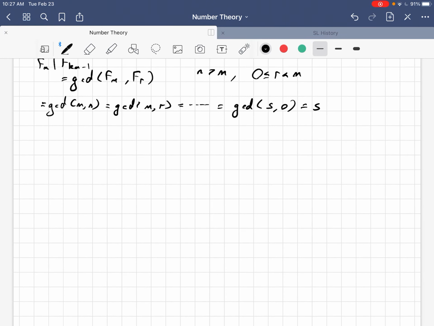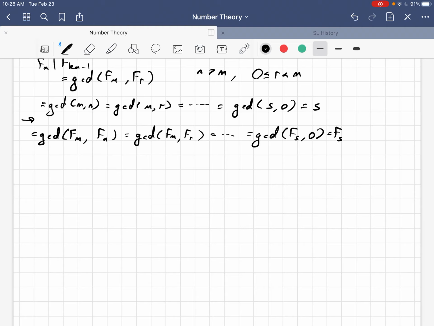So now if I just add the Fibonacci part back in, in other words the f part here, I'm going to get that the GCD of f sub m, f sub n is going to be equal to, well, we showed that that's equal to the GCD of f sub m, f sub r, which is going to be equal to, after so many times, the GCD of, and then the subscripts are going to eventually reach, one's going to be 0, one's going to be the smallest positive remainder, so say f sub s, comma 0, which is f sub s.